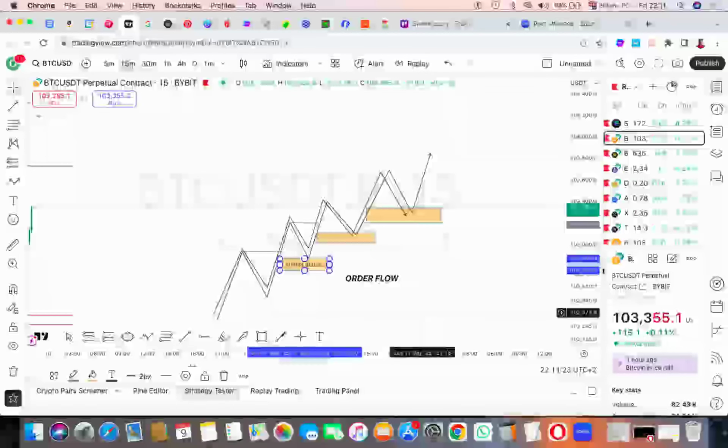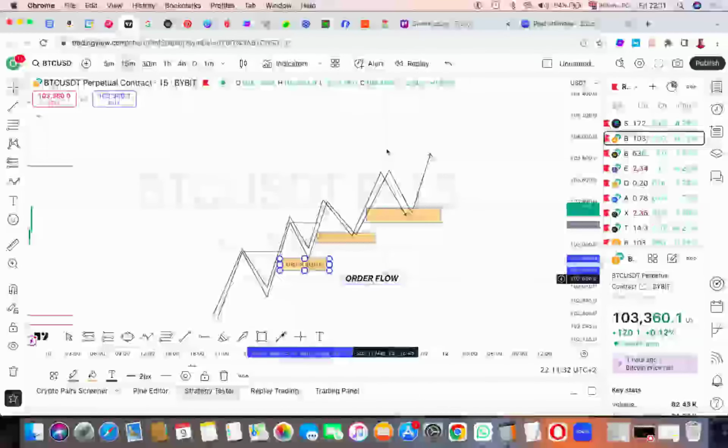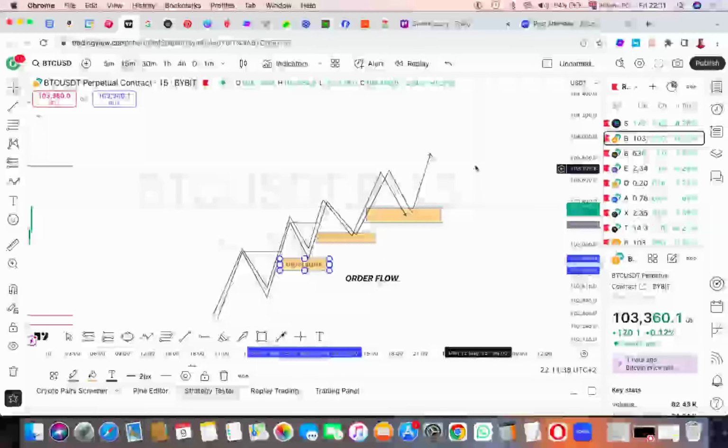Up to this extent, do we understand what I just explained? Please, if you understand, type one. Someone mentioned an order book: an order book can be a list of buy and sell orders of a particular asset, such as stocks, cryptocurrency, or commodities, organized by price.